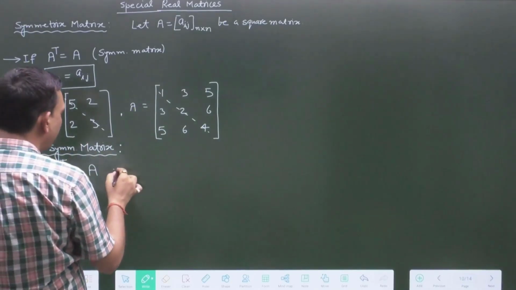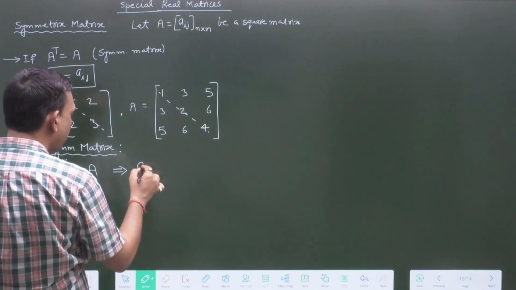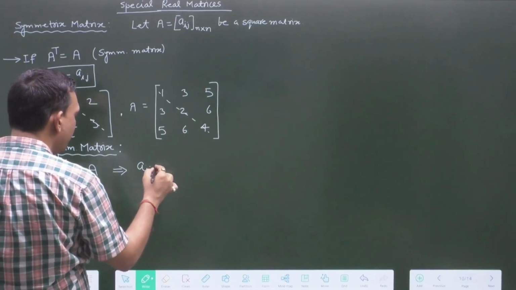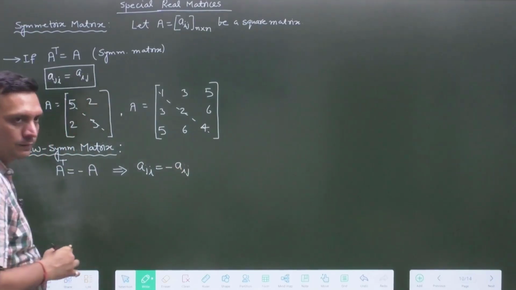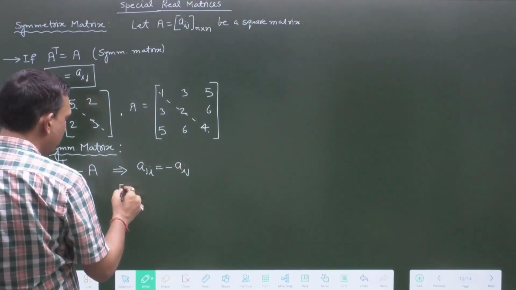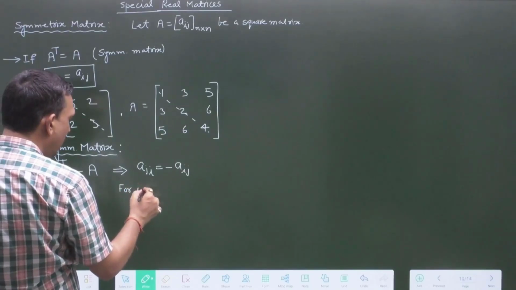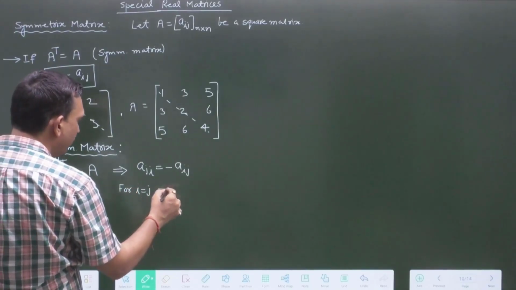And what will be the condition in this case? Aji should be minus of Aij. So for i equal to j, what do you get?